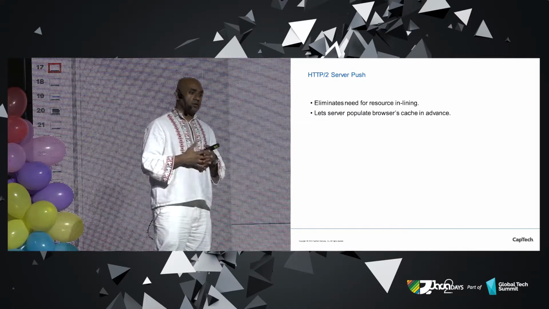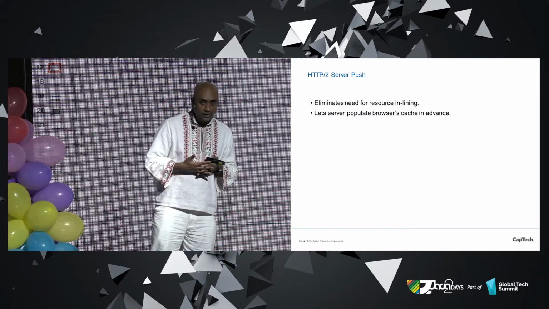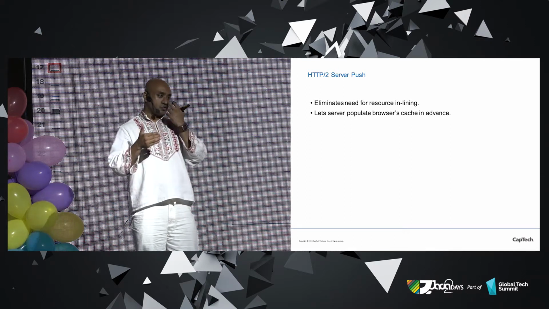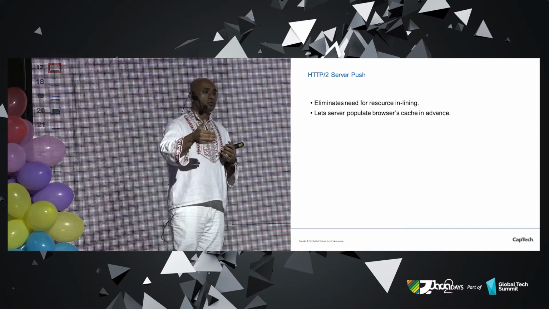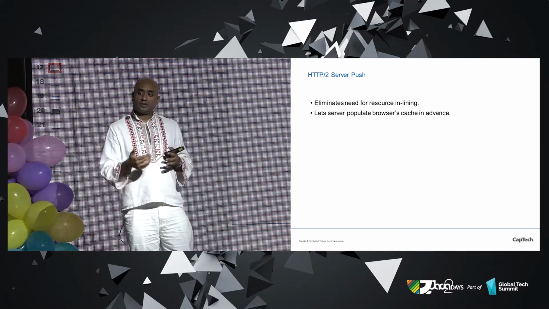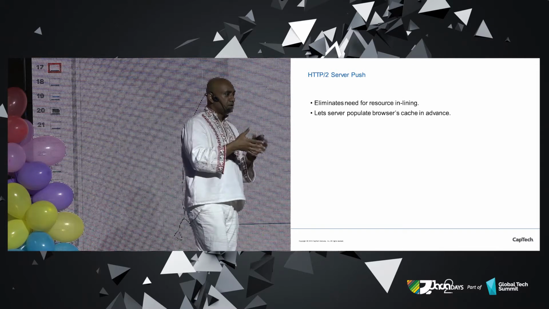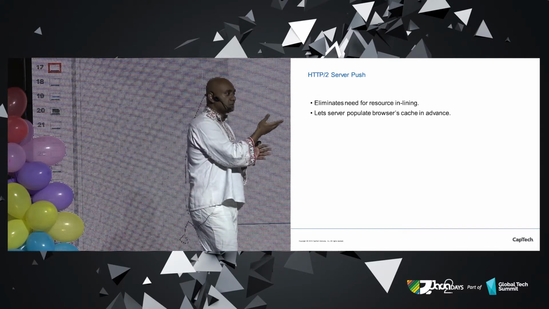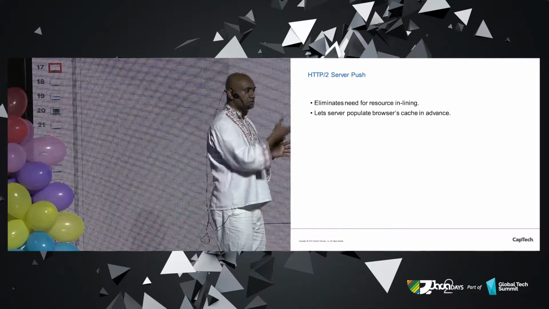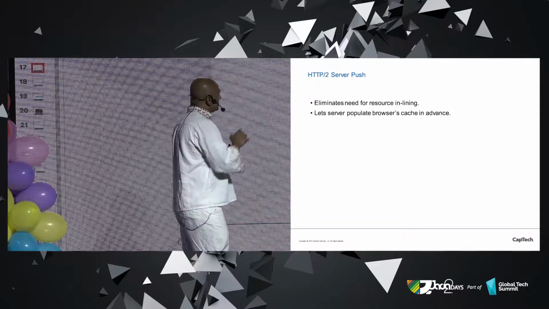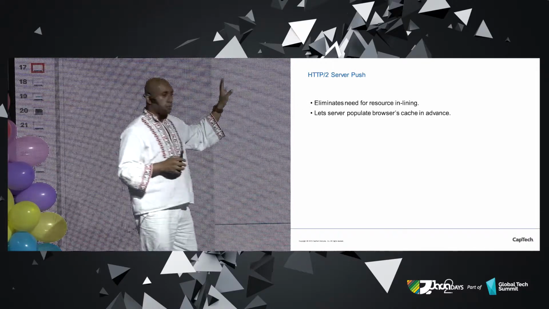So can you improve this? The answer is yes. The reason we can improve this is because the server knows what the resource dependencies are. When you, as a developer, are writing index.html, you know that index.html depends on images A, B, C, and script XYZ. So what you can do is something called server push.